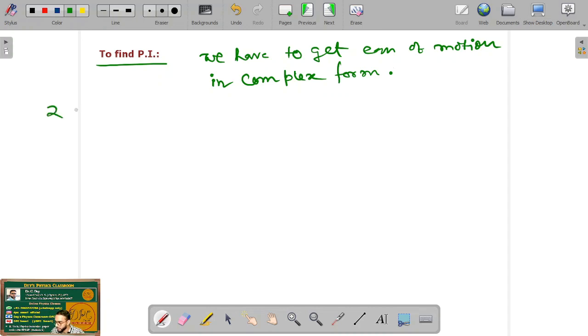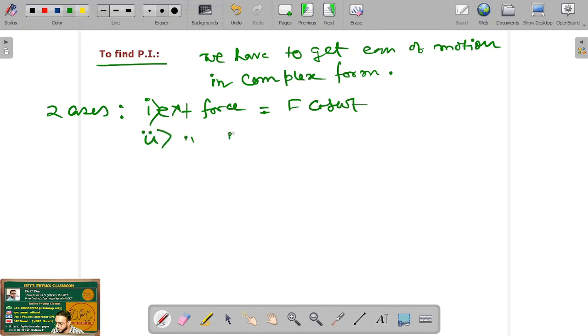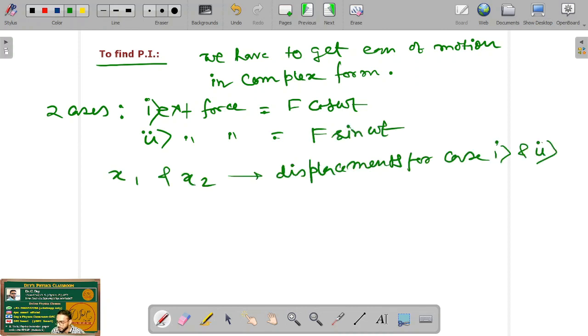So we take two cases where the external force is F cos ωt, and in the second case the external force is F sin ωt, and we take x1 and x2 to be the displacements for case 1 and case 2.